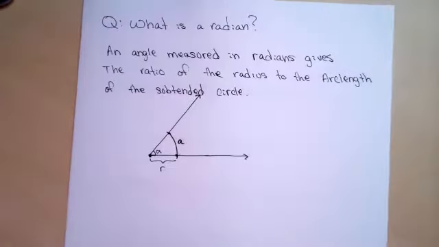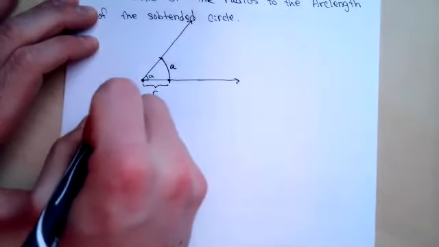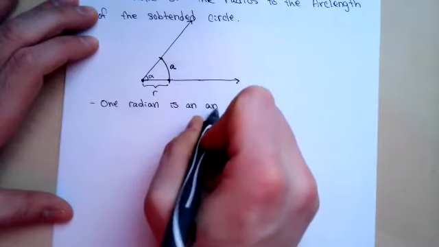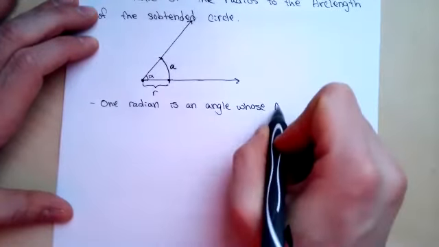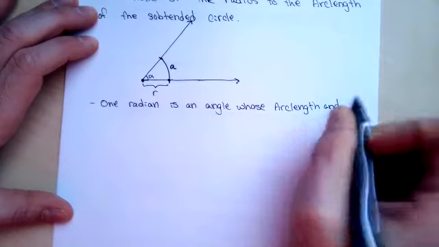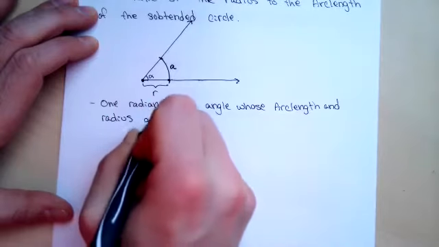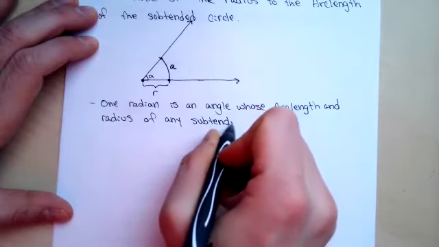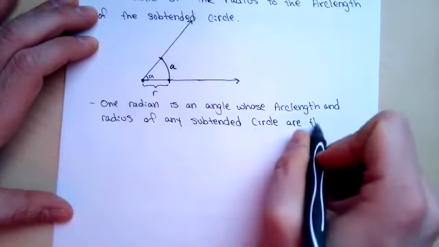So in other words, what is 1 radian? 1 radian is an angle whose arc length and radius of the subtended circle, of any subtended circle, are the same.